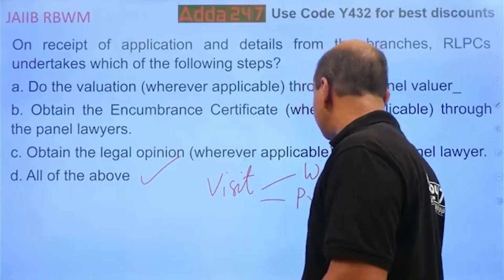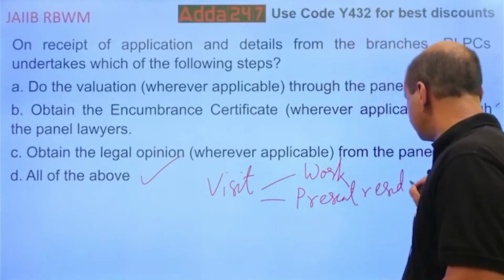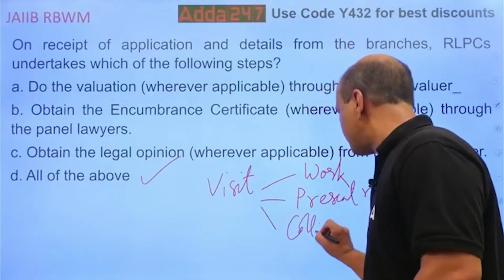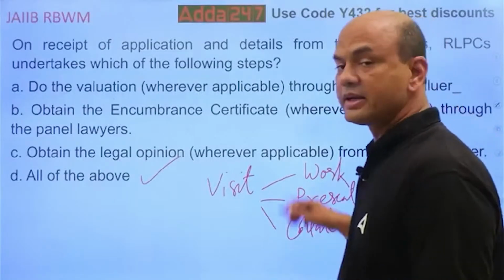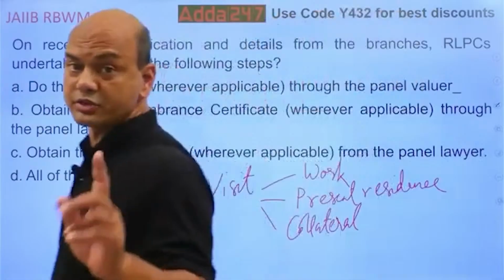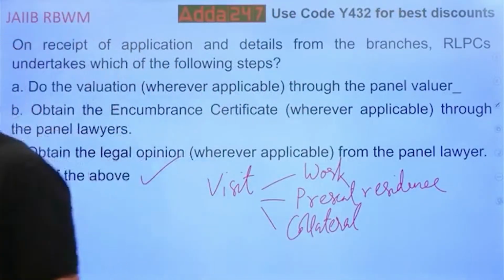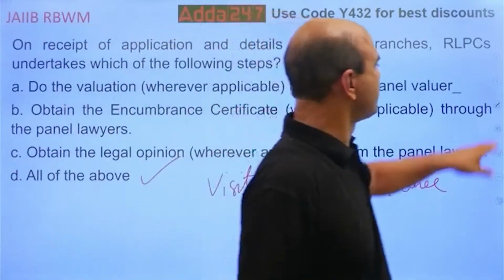Present residence, and collateral property, whichever property is given. So you have to make the visit at these 3 places. All the 3 should be done. There is no other option. Got it? So the CPU will do all these activities. Clear?